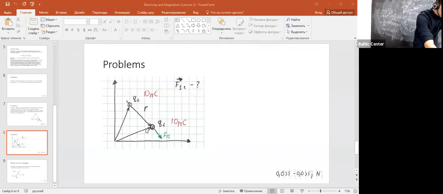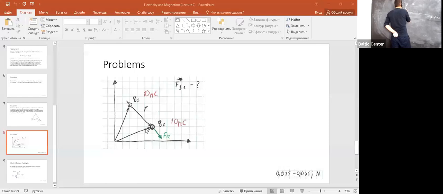There should be an exam also. So we have again this kind of situation. If we have again two charges, two positive charges, Q1 and Q2.